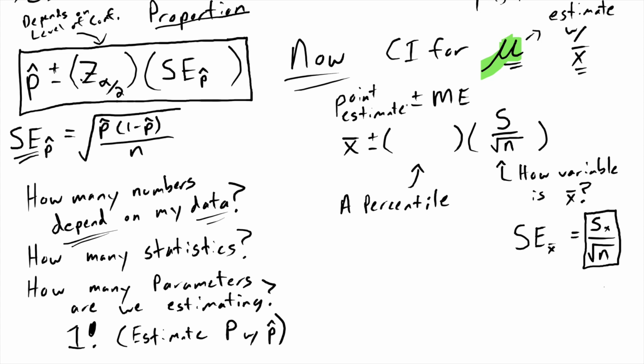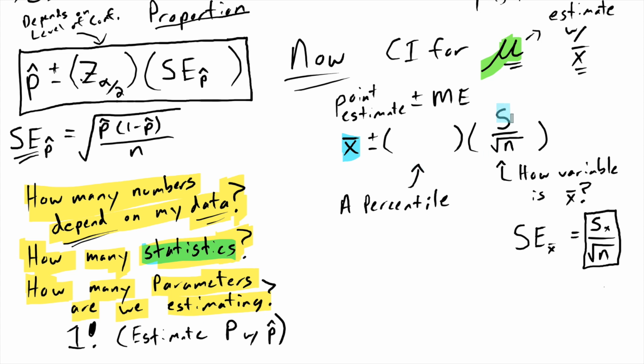And now let's ask these same questions about the confidence interval for the population mean. Okay, we've got X bar, that's a statistic. We've got the sample size, but we said that's not a statistic. We have this mysterious percentile value, but I'm going to tell you that just like the z of alpha over 2, this is not a statistic.